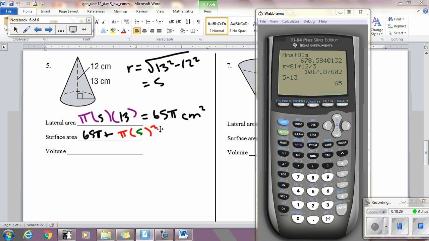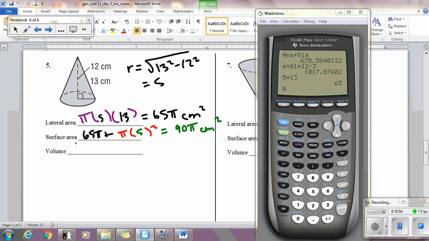So 65 plus 25 is 90. So it's 90 pi centimeters squared. So when you're combining like terms and basically treating pi like x, so 65x plus 25x is 90x. So it's kind of the same idea.